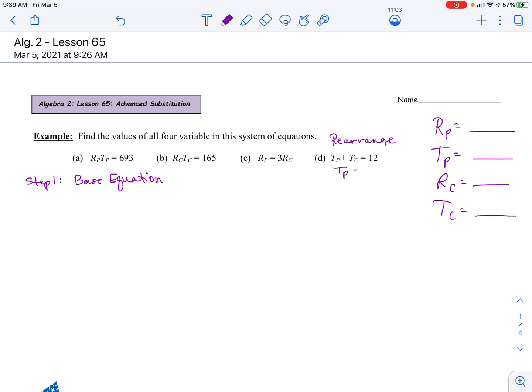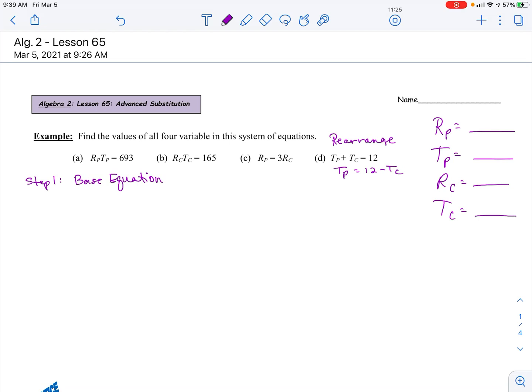So let's have this set equal to TP. That would change this to 12 minus TC, right? If I move TC to the other side, I end up with TP equals 12 minus TC. So therefore, not only do I have a variable here, RP is equal to something, but here TP is equal to something. And that's going to serve us well when we're identifying our base equation.